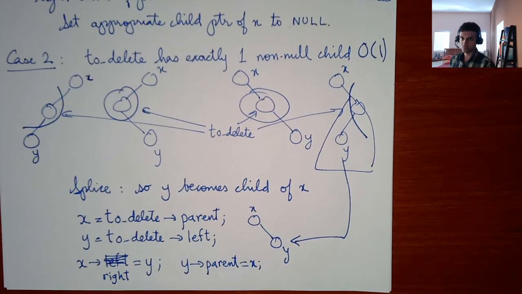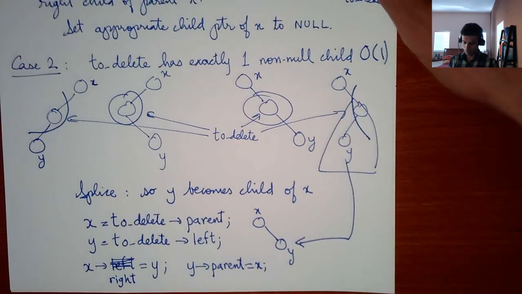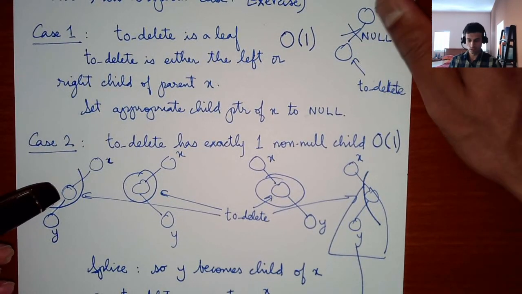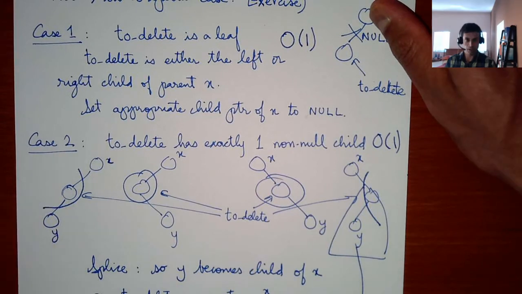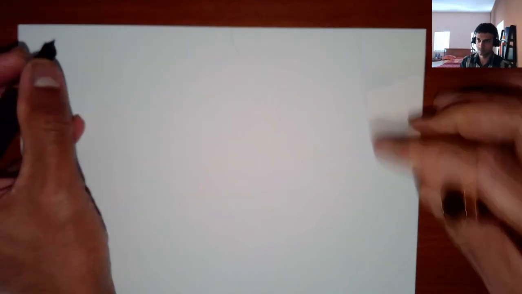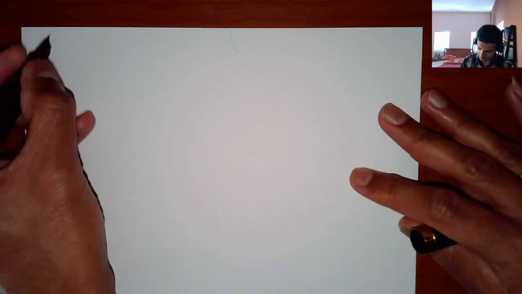Okay. All right. So we did the simplest case, the medium case, and now we do the complicated case. Now we do the complicated case. So case 3.